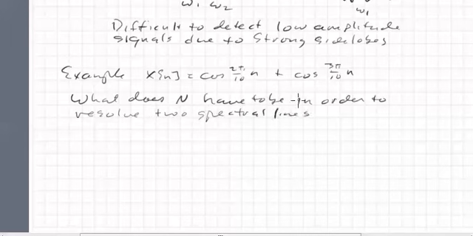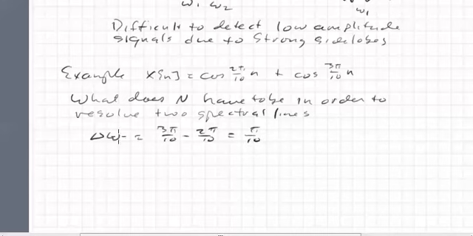So that's the question. The thing of interest here is what the distance is between these in terms of frequency, and I'm going to call that delta omega. So delta omega is taking different meanings as we go through the lecture, but right now delta omega is going to be the difference between these two frequencies. So we got 3 pi over 10 minus 2 pi over 10, which is pi over 10. Okay.